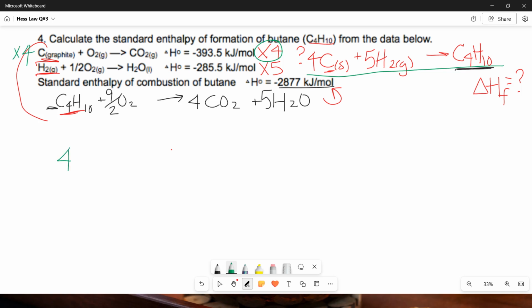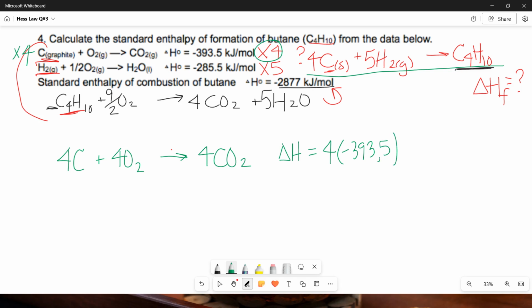So I'm going to have 4 carbons plus 4 oxygens, and that's going to give me 4 carbon dioxides. And my delta H is still going to be the negative value, but it's going to be 4 times negative 393.5.